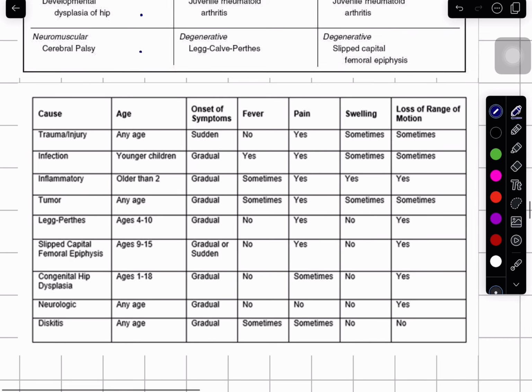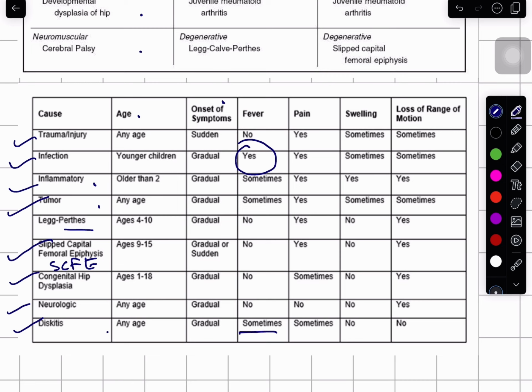And also I've added another chart where you can see the etiology: traumatic, infection, inflammatory, neoplastic. It can also be Perthes, slipped capital femoral epiphysis, SCFE, congenital hip dysplasia, neurological, or discitis. With age, onset, and whether there's fever or not. On infection, there should be fever, but in inflammatory, tumor and discitis, there is sometimes fever.